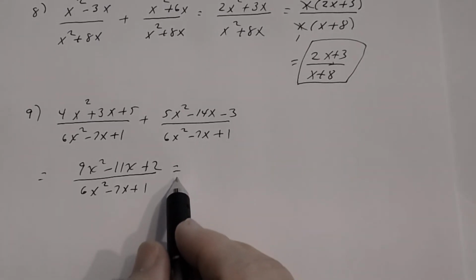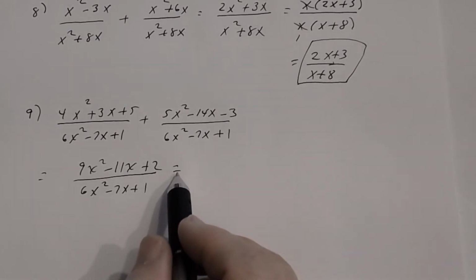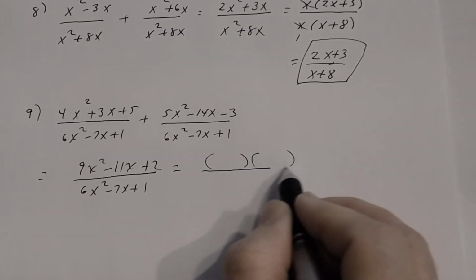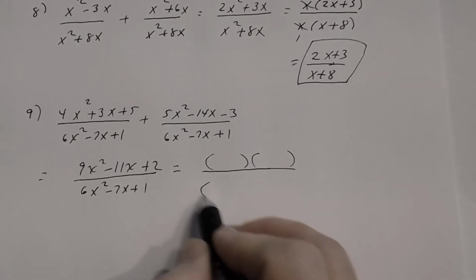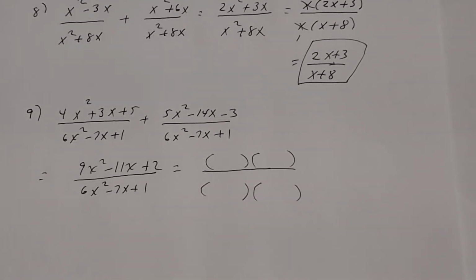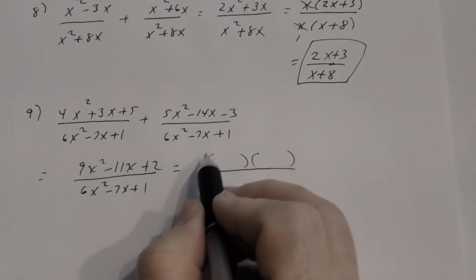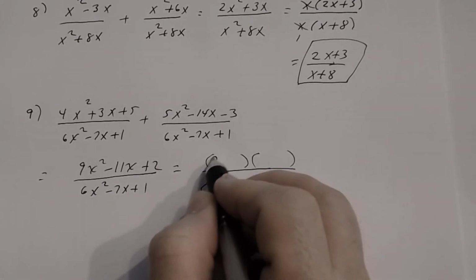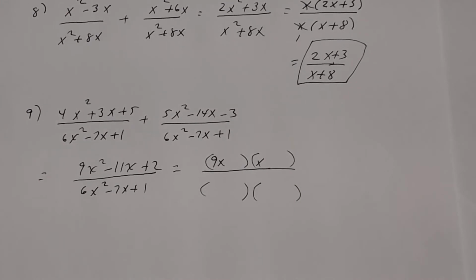So when I factor this trinomial, let's see what we get. Hopefully I wrote this problem down correctly. So hopefully they'll both factor the way I wanted to factor. So for this one, let's go ahead and use 9x and x. I think that's the one that's going to work.